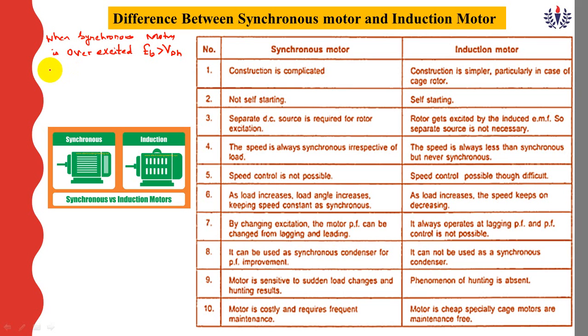During this time there will be a leading power factor current. Since this is V, the armature current Ia will be leading. It will be a leading power factor current.